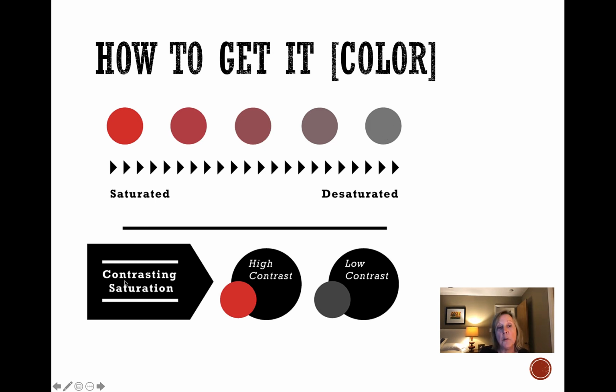Looking at this in terms of contrasting saturation, we have high contrast here because we have a saturated color on a desaturated color, and we have low contrast here because we have a saturated color on black, and we have a desaturated color on black. And notice the difference. It would be very difficult to see gray type on a black background. However, you can see the saturated red more easily on a black background.